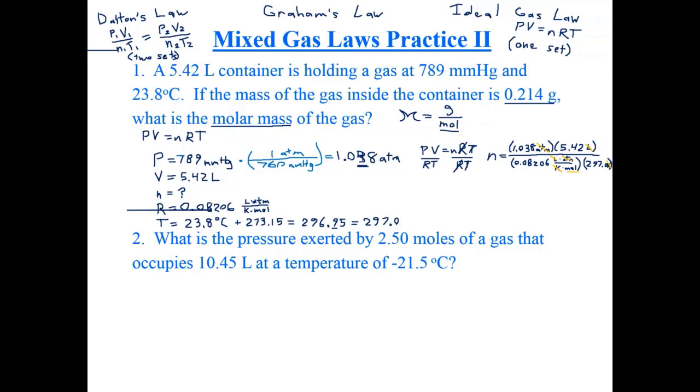And I'm left with 1 over moles, so that flips it to moles. Moles is in fact what I'm looking for. That's what n is, and so that's good. I'm getting what I should be getting. So go ahead and calculate that for me and tell me what you get. Type it into the chat.